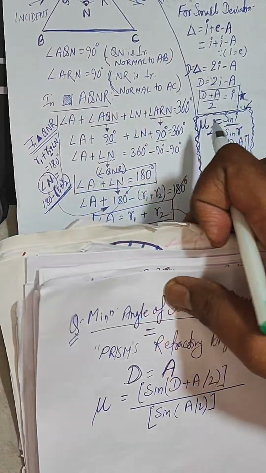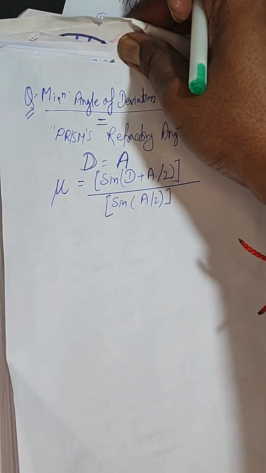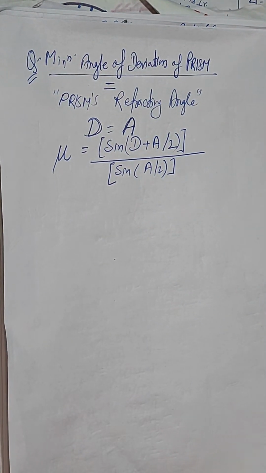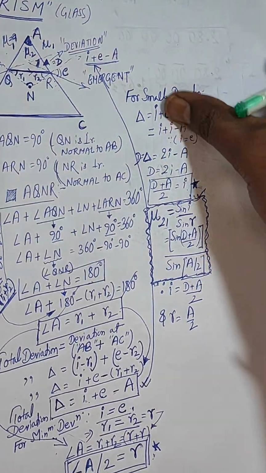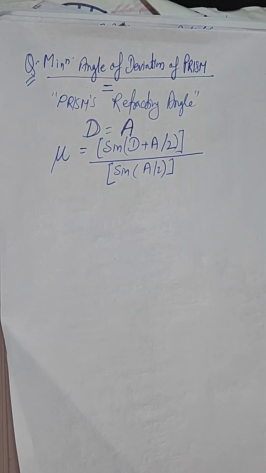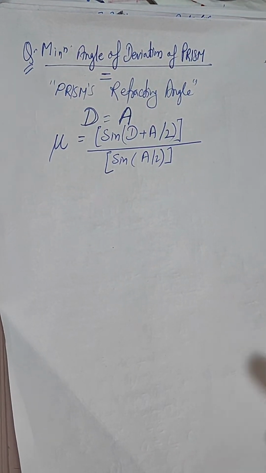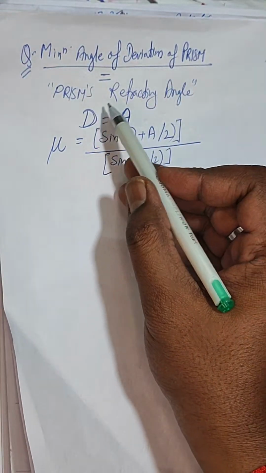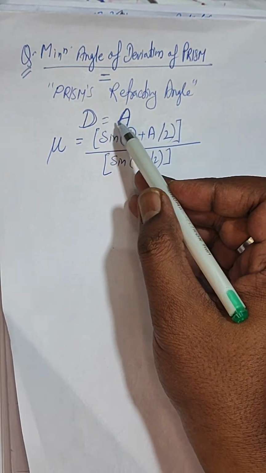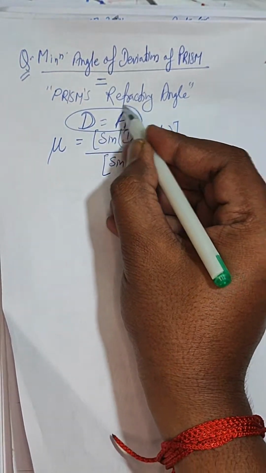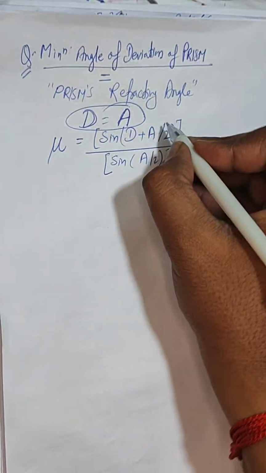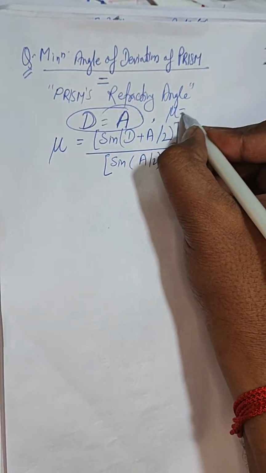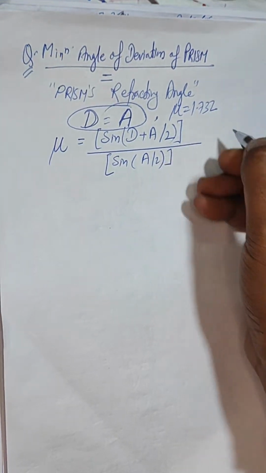So using this formula, let us proceed forward, right? The numerical to us is that the minimum angle of deviation of the prism is equal to the prism's refracting angle. That means D is equal to A. This is the condition given to you, right? Now it's also given that the refractive index is 1.732. It's also given that mu is equal to 1.732, right?